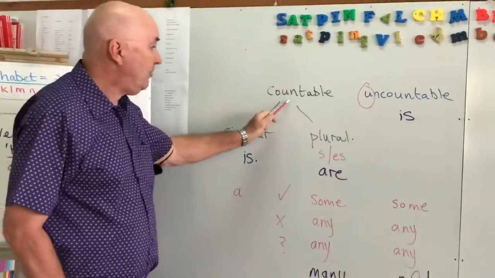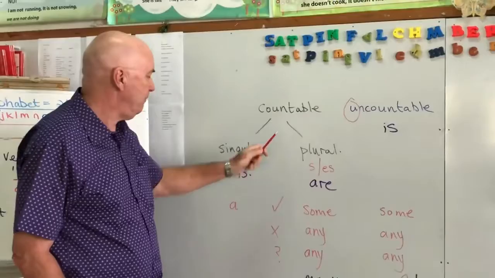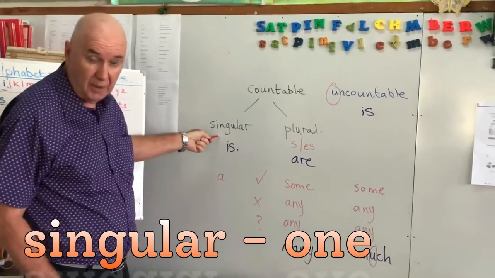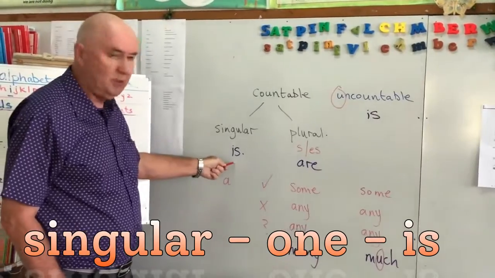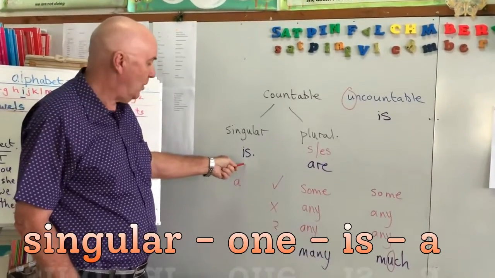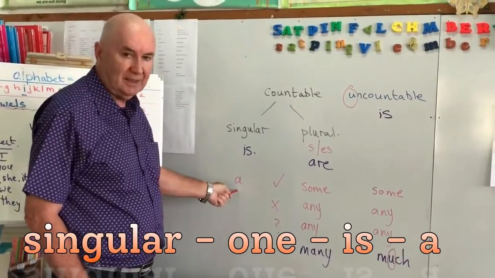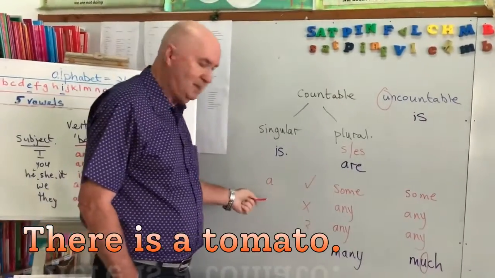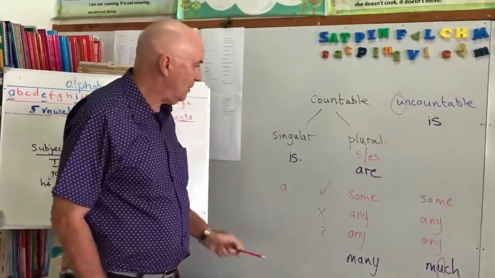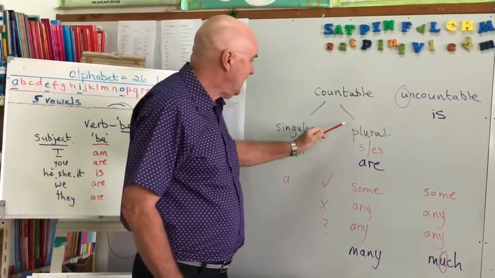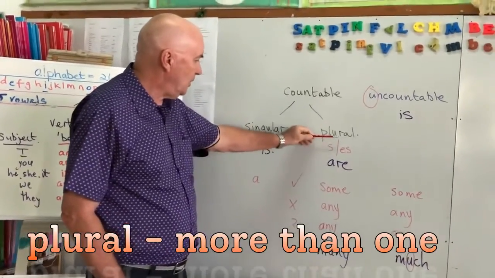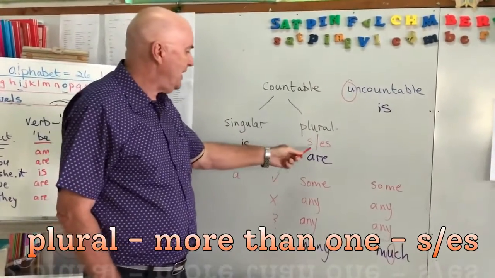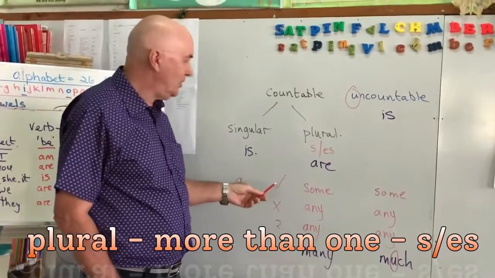So if the food is countable, then that means there's a singular, one. So we would use is for one, and we'd use a. Okay, so there is a pear, there is a tomato. If we can count it and say there is more than one, which is plural, then normally we put an S or ES on the word.